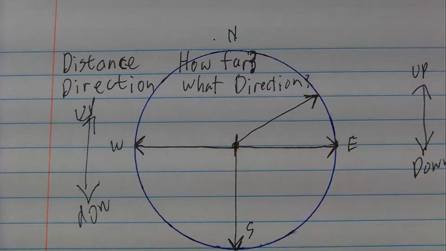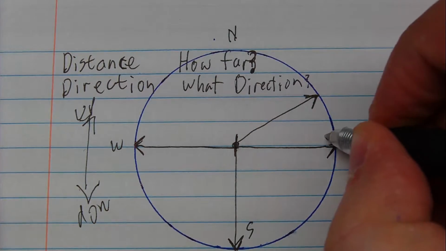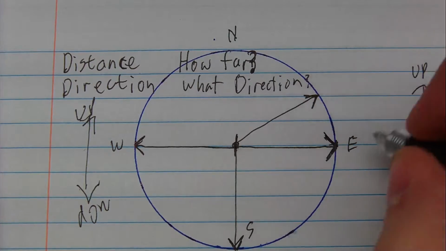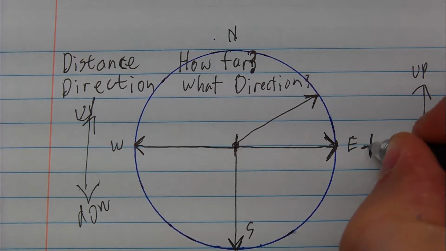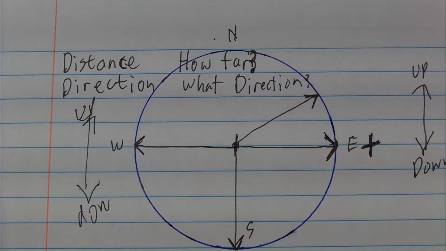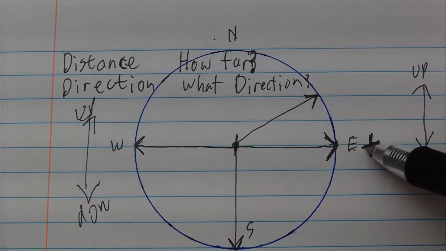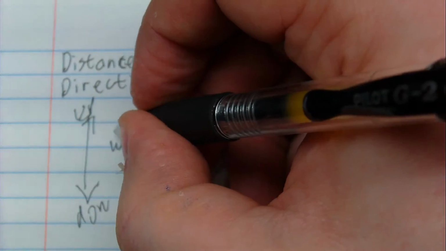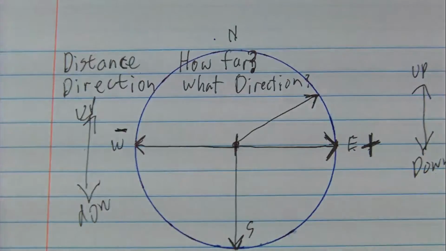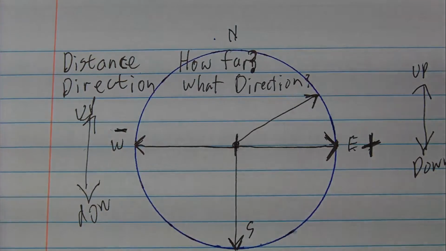When we pick a direction and say, okay, I'm going to be going this direction, I can name that direction to be my positive direction. And the opposite of east is west, so the opposite of positive is going to be negative. So negative is just opposite.